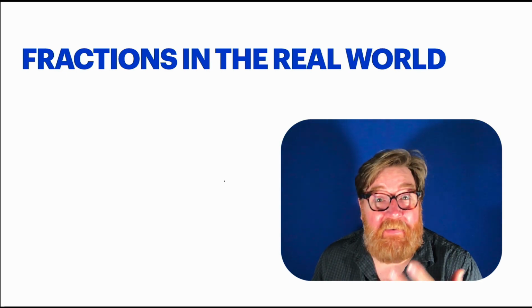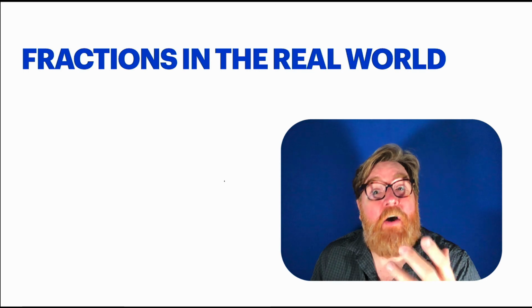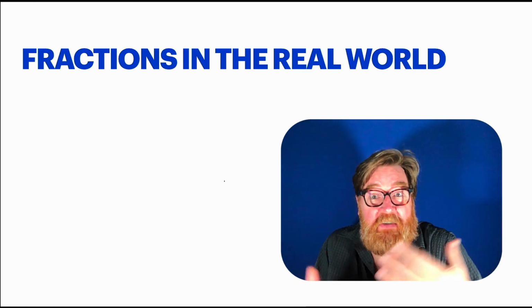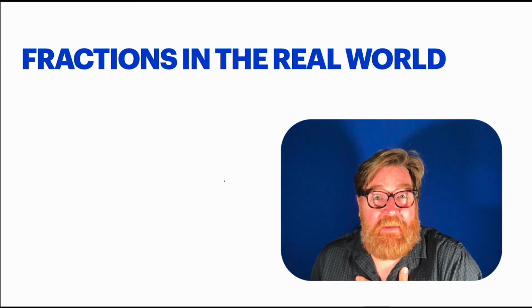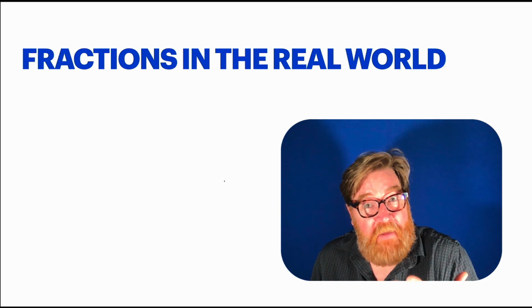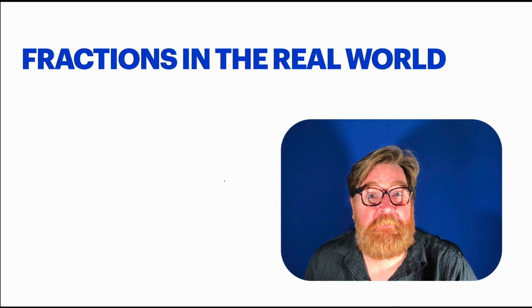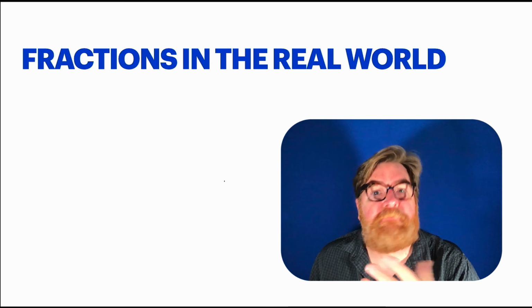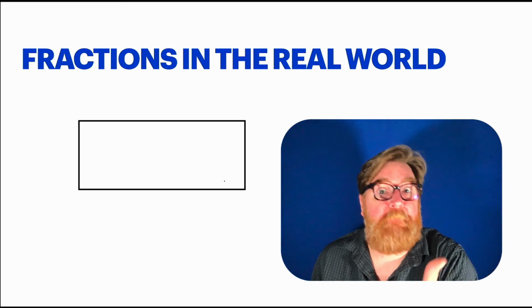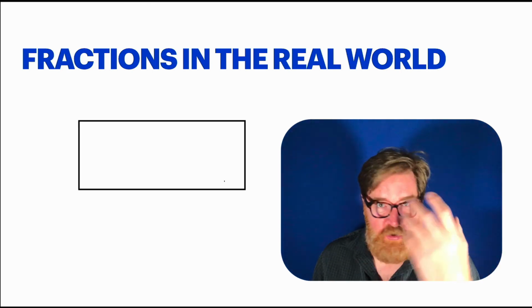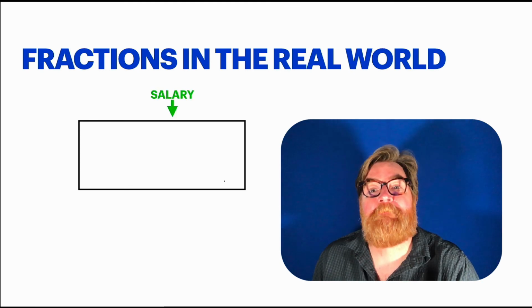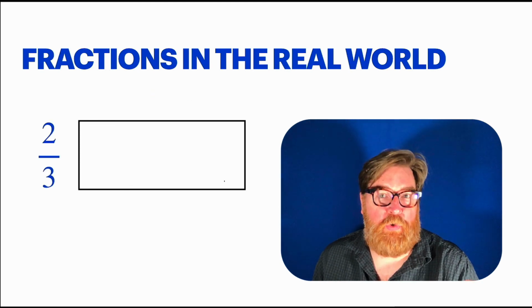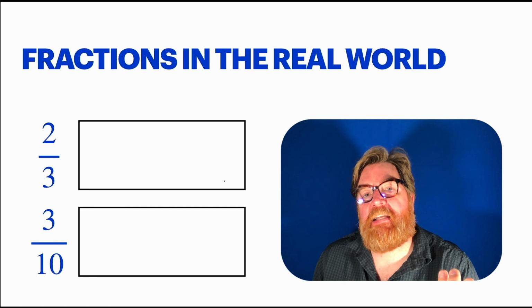Well, then I need to know, hopefully that doesn't happen. I need to know which is the bigger part. Like, I want as much money as I can so I can feed my family and my interior designer, right? Well, think about it this way. If that bar represents your whole salary, you can either have 2/3 of it or 3/10 of it.